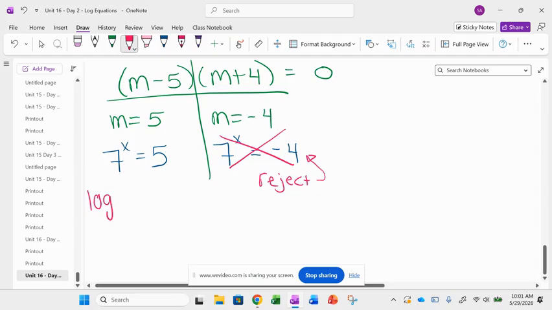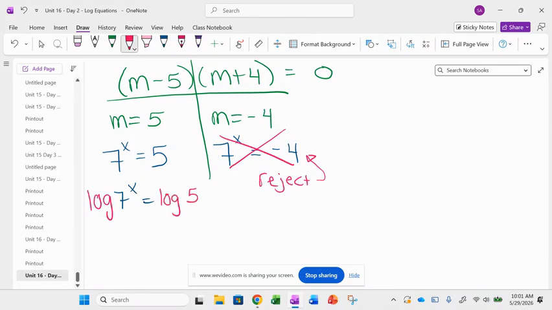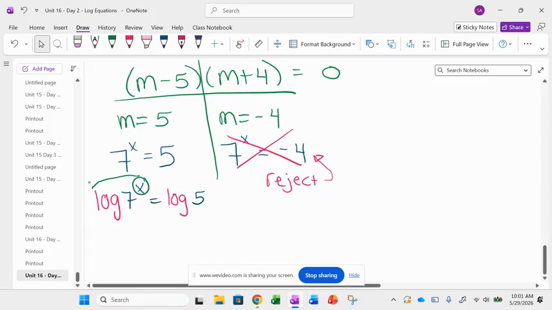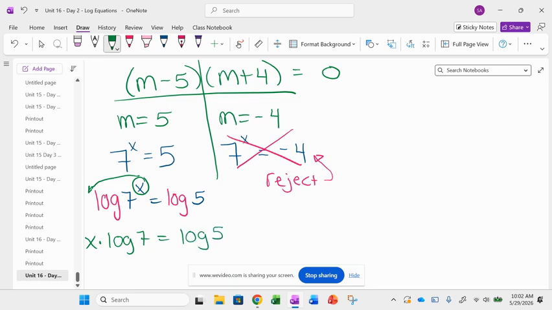So I'm going to have log of 7 to the x power equals log of 5. And now once I've logged both sides, can I bring that exponent of x to the front of the log? So now I have x times the log of 7 equals the log of 5.